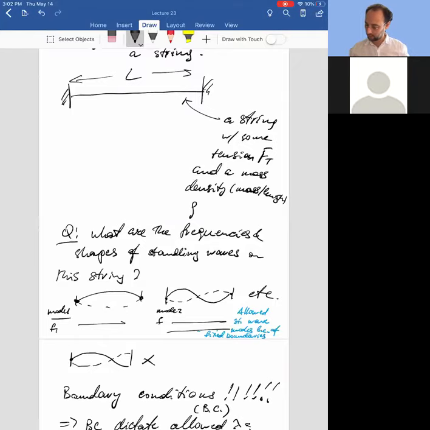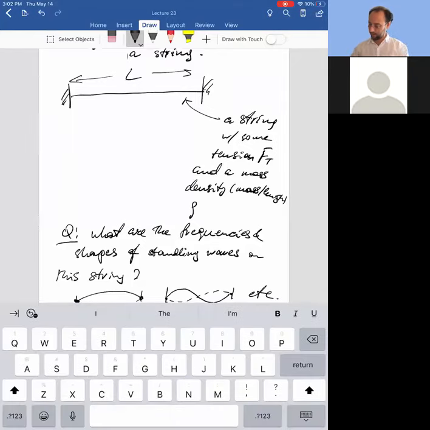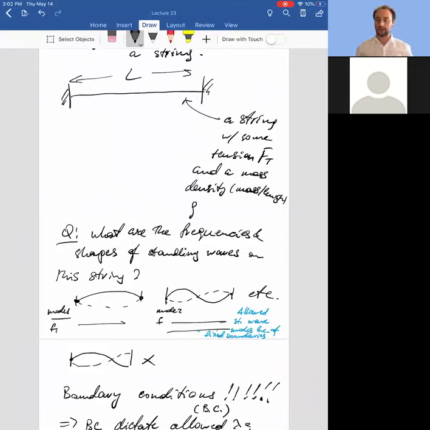From your introductory class, you know that the only way in which a string can vibrate in a standing wave pattern is if it vibrates in the first mode or the second mode or third mode and so on, because that's the only pattern of vibration that respects the boundary conditions.